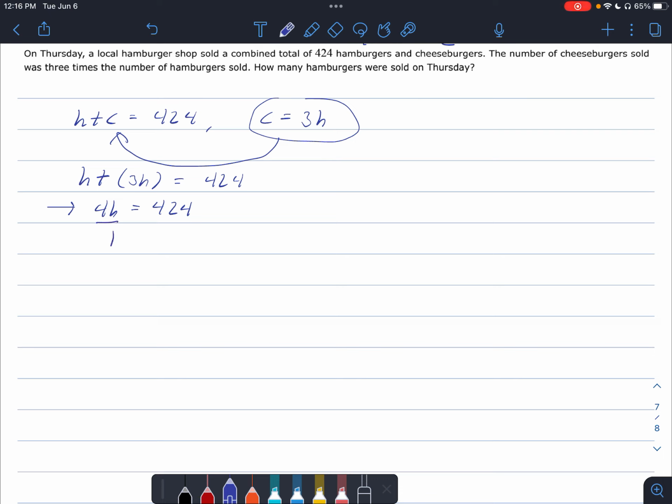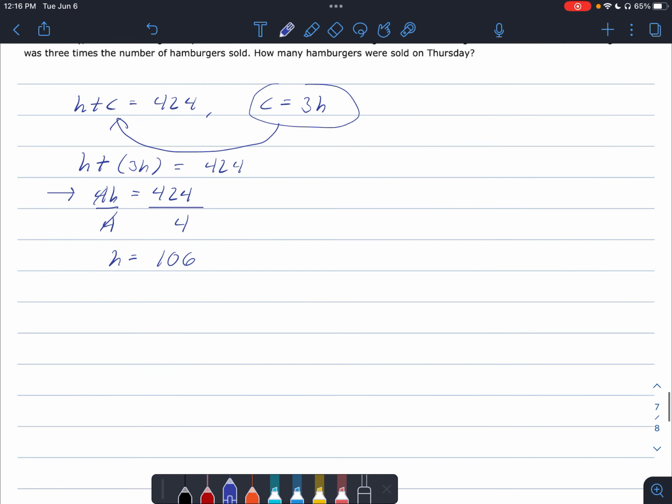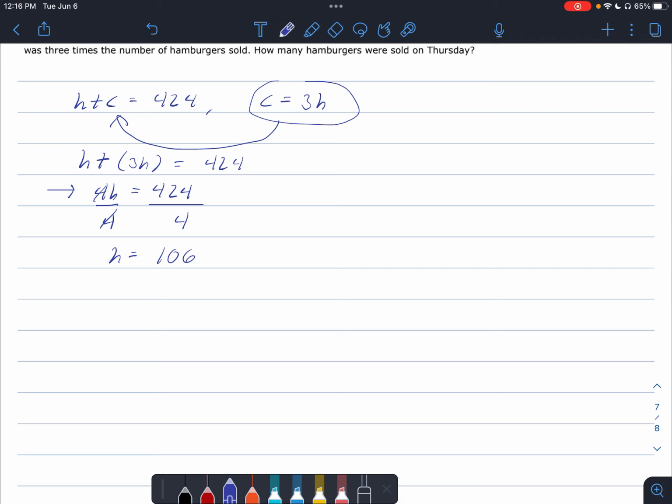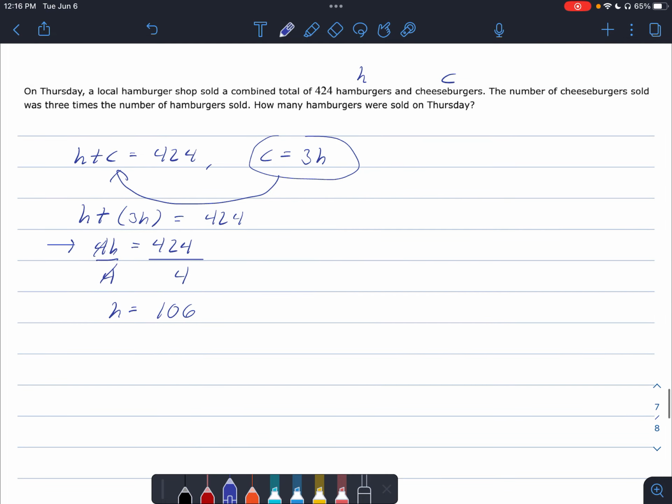We can go ahead and divide both sides of the equation by 4, and we'll have H is equal to 424 divided by 4, which is just 106. So we know that there were 106 hamburgers sold on Thursday. So there we go.